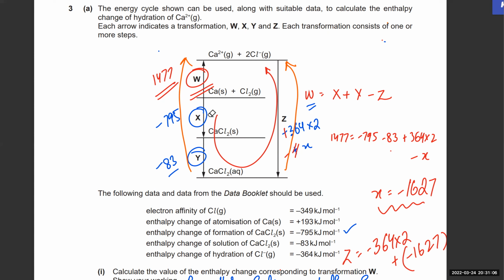Another thing, in the same diagram, let's stick to this one. What do you think is lattice energy? From which point to which point? What is lattice energy?